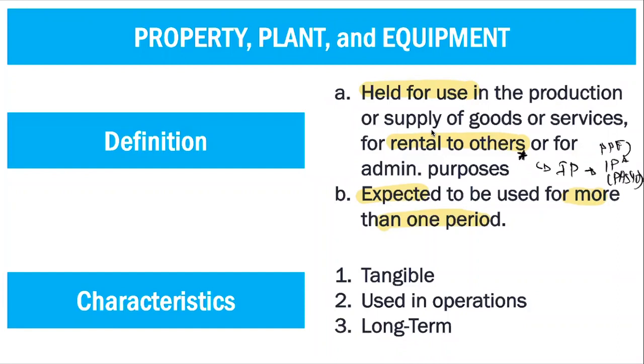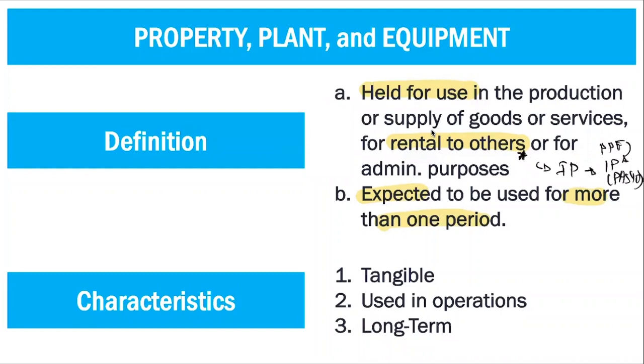So dati kasi, yung all the PPE natin, saka lang tayo magre-recognize ng property, plant, and equipment by virtue of lease if in case the ownership will transfer to the lessee at the end of our lease term. So saka lang magta-transfer doon sa umuupa pagka may transfer of ownership, and pwede na natin yan i-recognize as PPE.